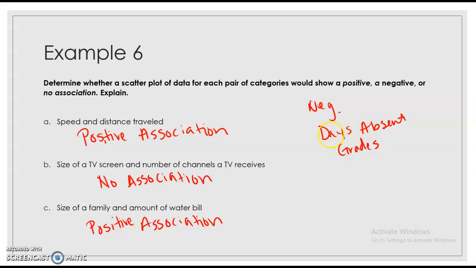As the days you are absent increases, so as your x increases, your grades will drop. And so as x increases, y decreases. And so that would give a negative association. So that's just an example.